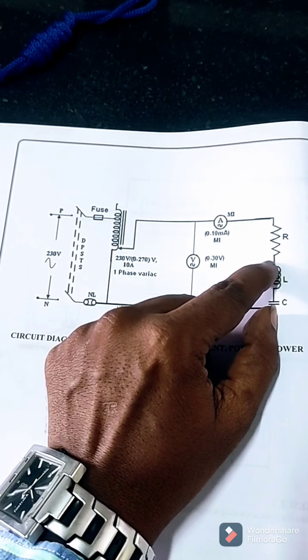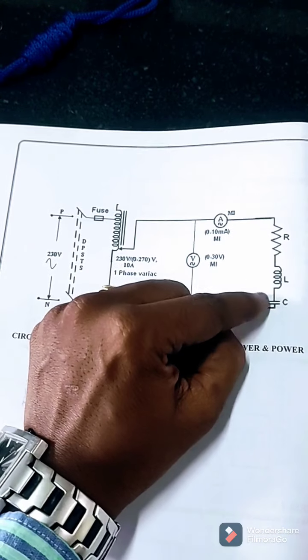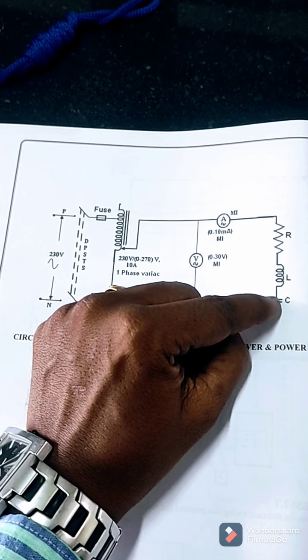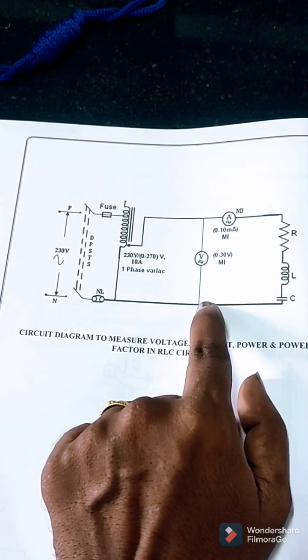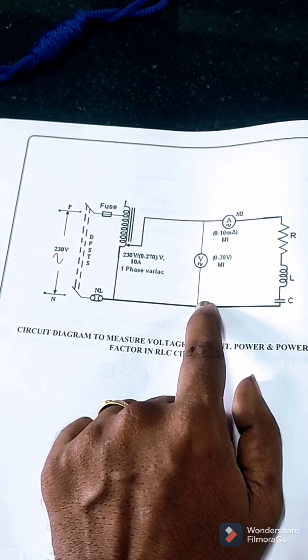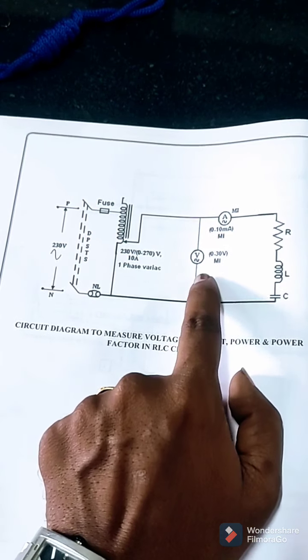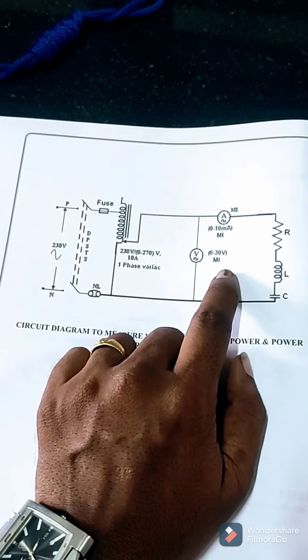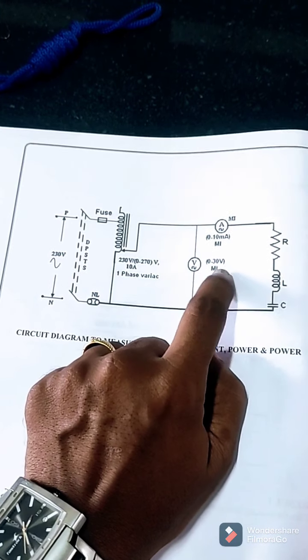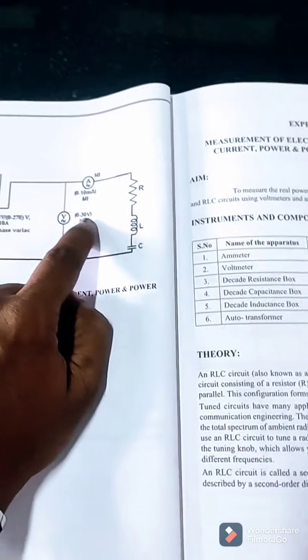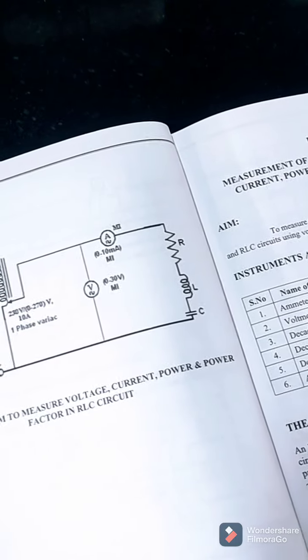Another end of the resistor is given to the inductor, another terminal of the inductor is connected to the capacitor, and another terminal of the capacitor is connected to the voltage range. Here also we form a node. When AC instruments are concerned, 0 is also called the common terminal, and the range value is said to be the voltage range.